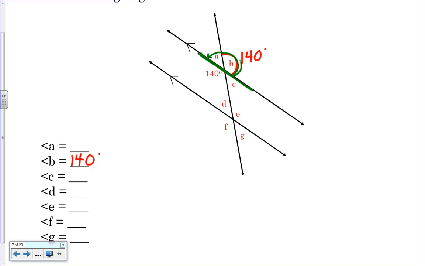So if I already know that this one is 140, then A has to be 180 minus 140. And that's going to give us 40 degrees. So we've got A equal to 40 degrees. So we can pop that right here. Now again, I always liked using those opposite angles because it's pretty obvious. So A, the opposite, is just going to be C. So we know C is also going to be 40 degrees.